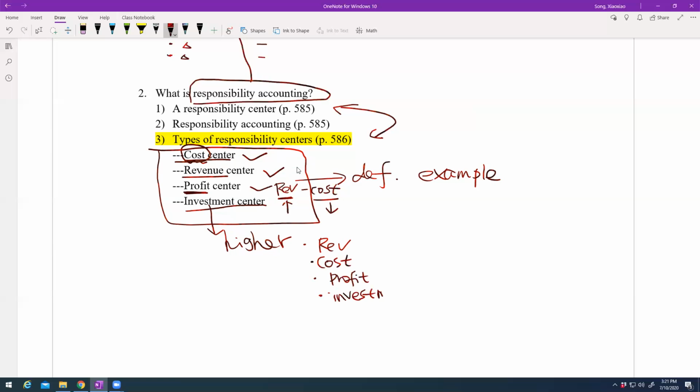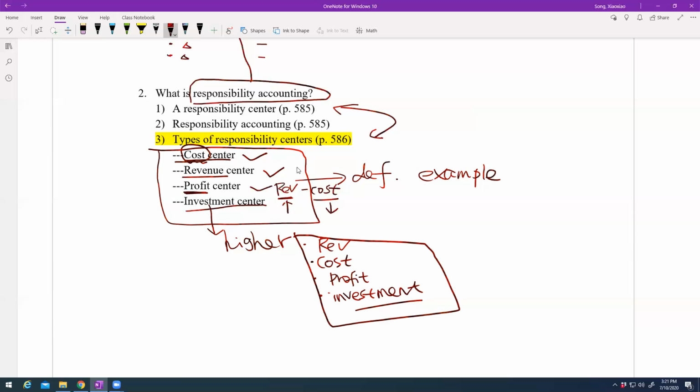So if they say, hey, I'm going to invest in a new product, invest in new equipment, whether the investment is correct, yes or no, then they will also be evaluated for these 4 parts. So investment center is not just based on investment. Actually, it's beyond this revenue, cost, profit. They have this extra called investment.